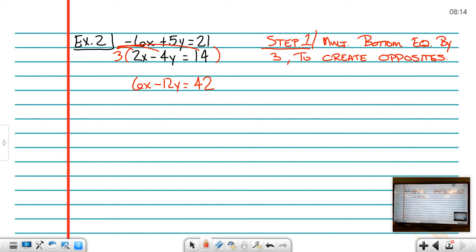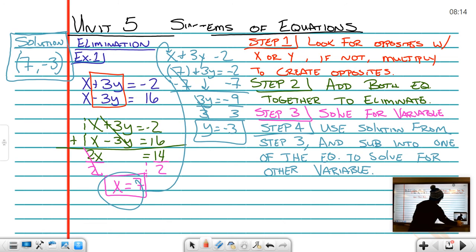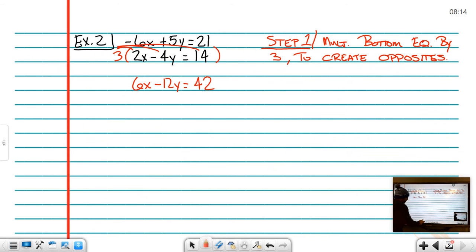All right. So we've gotten that done. If we go back, step 2, we're going to add both equations together. So we're going to stack to add. Let's take this equation and put it below this: negative 6x plus 5y equals 21.